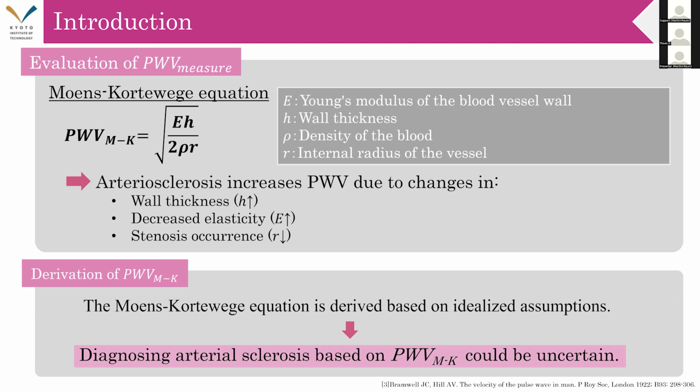However, the Moens-Korteweg equation is derived based on idealized assumptions and significantly deviates from the geometric and mechanical conditions in actual biological systems. Therefore, diagnosing arterial atherosclerosis using PWV measurements based on PWV-MK could be uncertain.